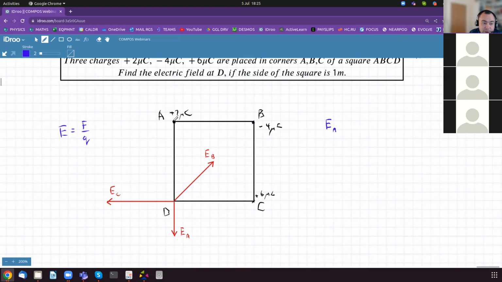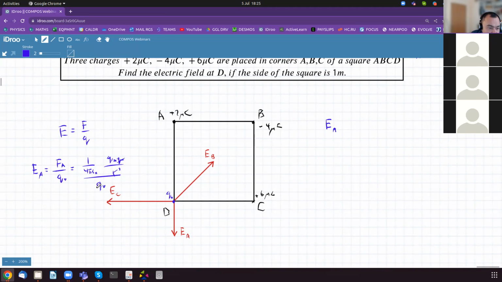So let's say for charge A, if we place a small charge Q, let's say Q naught, the electric field from A is going to be the force from A divided by Q naught. And the force from A is 1 over 4 pi epsilon naught Q A Q naught divided by R squared, all over Q naught.